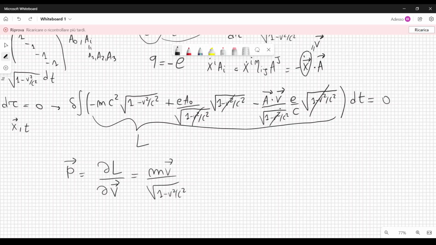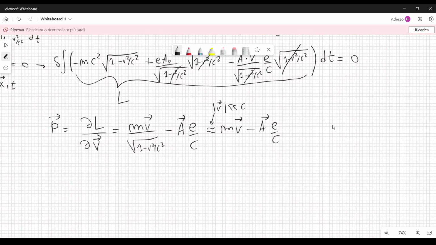And then I will have minus a e over c. This is just the other part. For small velocities, this will be approximately equal to mv minus a e over c, because this part of the expression will be approximately equal to 1. This is true for the absolute value of v much smaller than c.